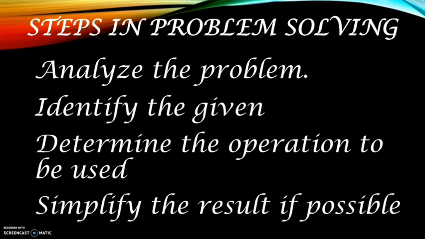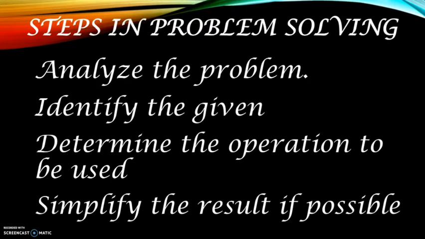And number 4, simplify the result if possible. So for today's problems, we will be solving problems which involve factoring and which involve area of a square, area of a rectangle, area of a parallelogram, and speed.